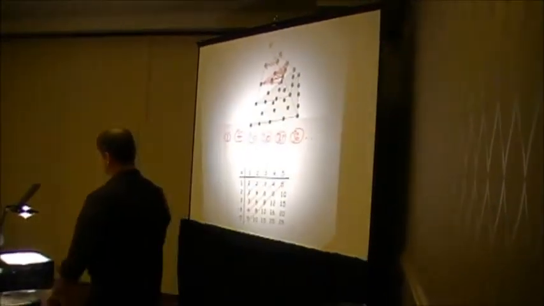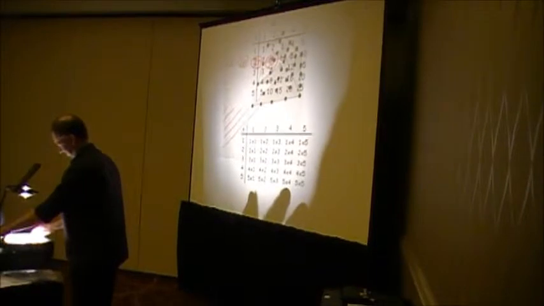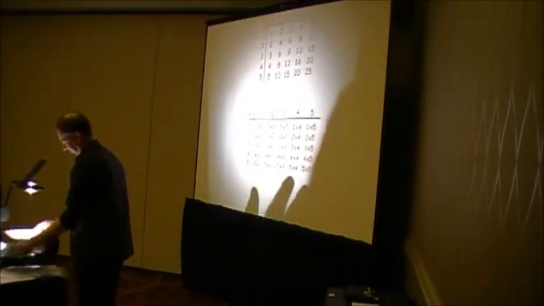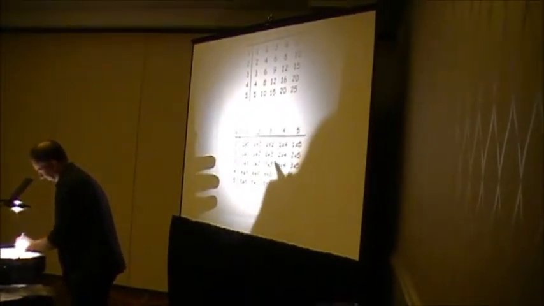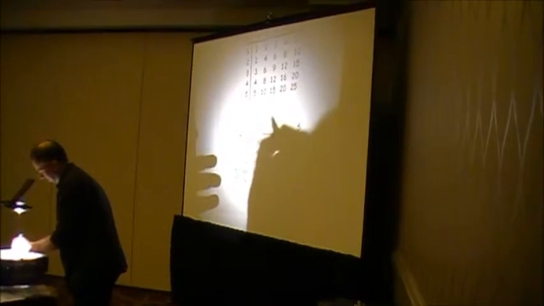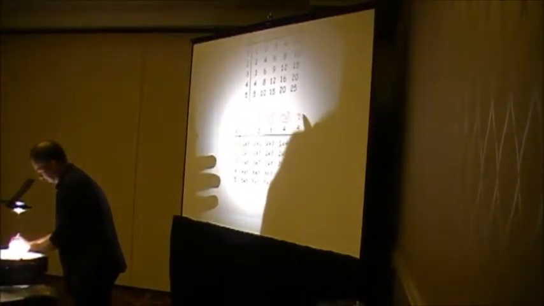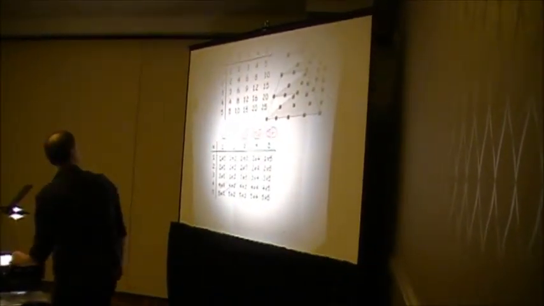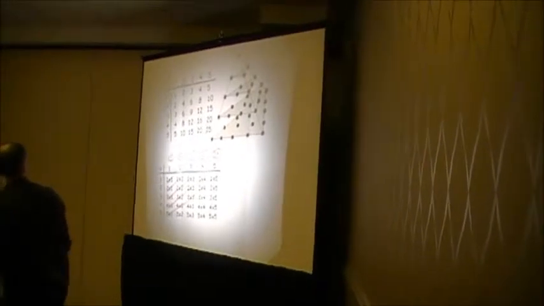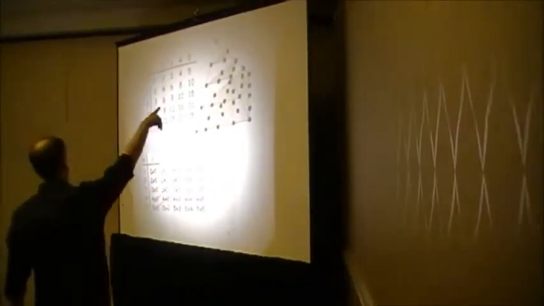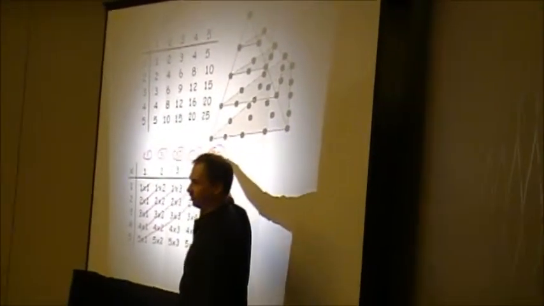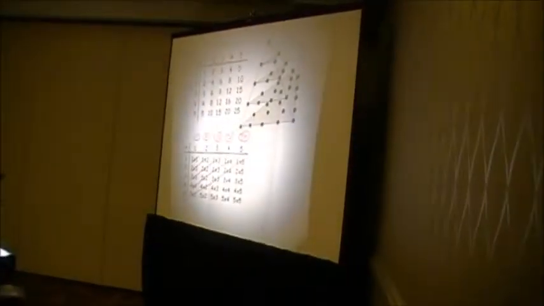I can write out the products. 1, 4, 10, 20, 35, and somehow it's got to do with a tetrahedron. Is it all fitting? Of course not. Slide the one that you wrote on up. In fact, I think this tetrahedron is the 5th one, so apparently that whole figure has 35 dots in it. But there's no way to naturally see, of course it has to be 35 dots.